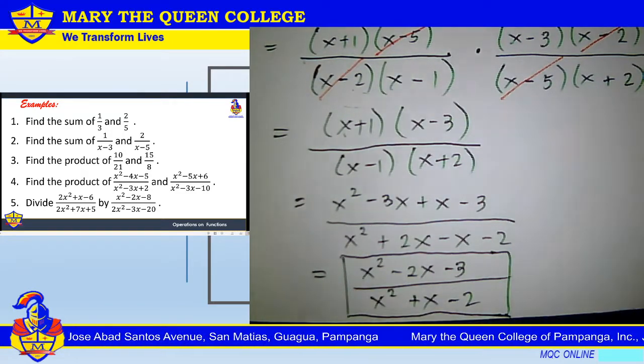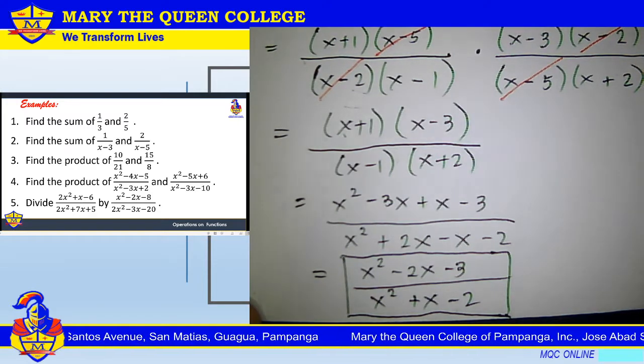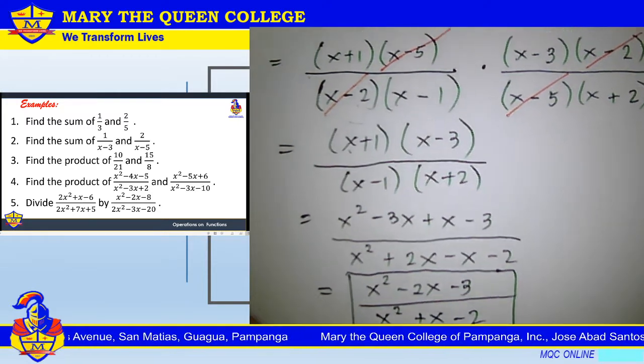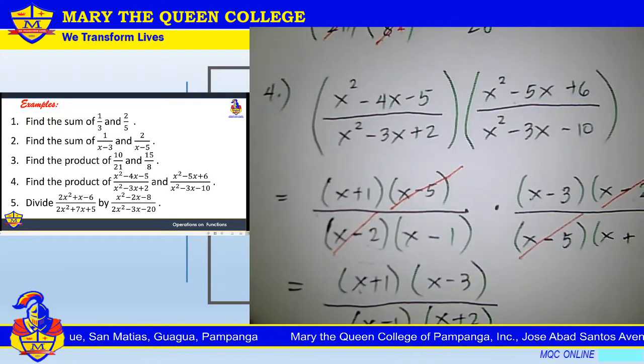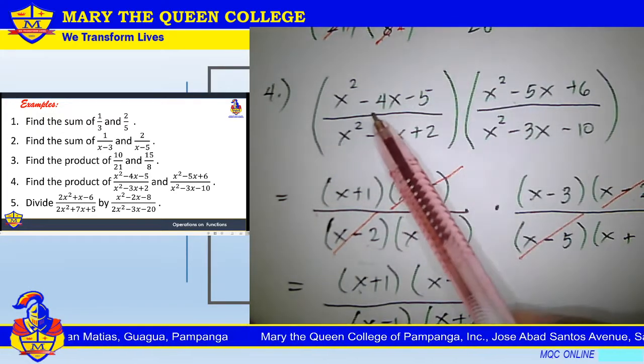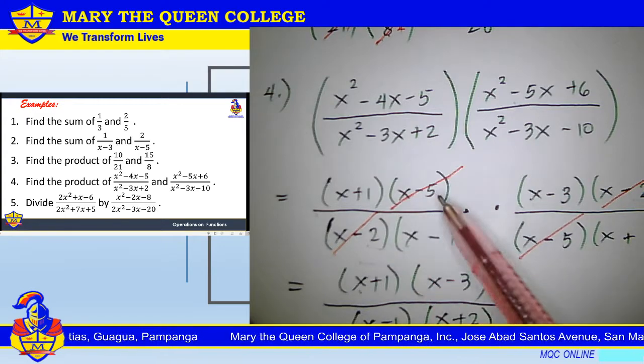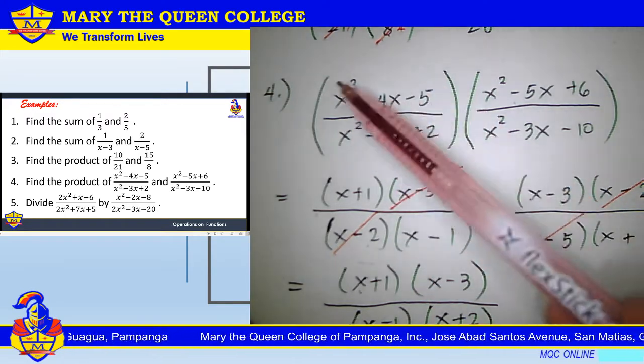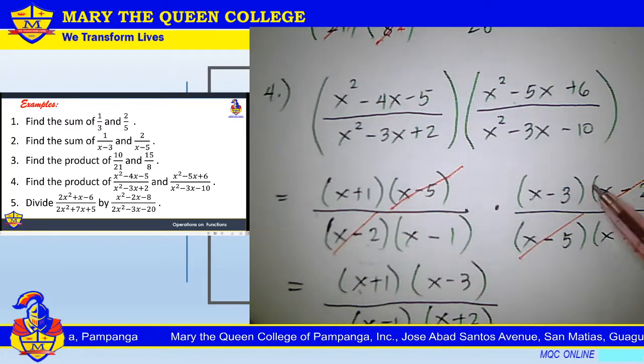Okay? So, recap lang po natin. Again, when we have the product of rational expressions like this, as much as possible, simplify po muna natin by using factoring po. Okay, factor out natin yung trinomial. So, ayan po, na-simplify sila.